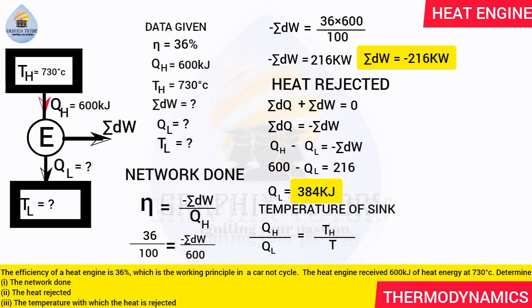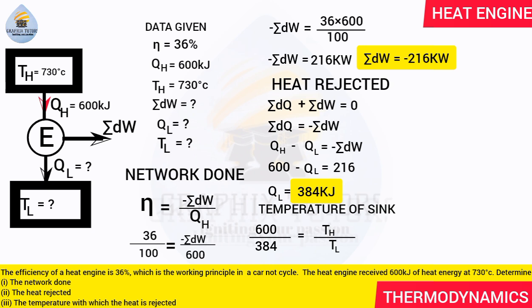So QH over QL is equal to TH over TL. So what is the QH? QH is given as 600 all over, what is the QL? The QL is given as 384, right? Equals, now the TH is given as 600.